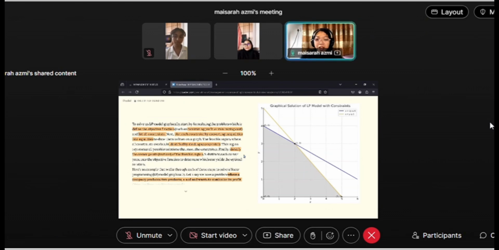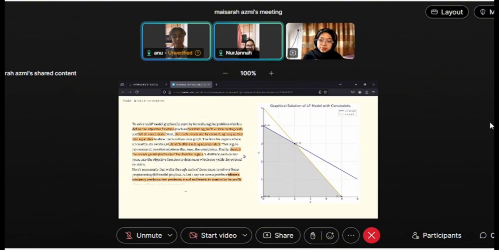The feasible region will be in the first quadrant where both constraints overlap, representing all solutions that meet the constraints. So now we find where these lines intersect to identify the corner points.